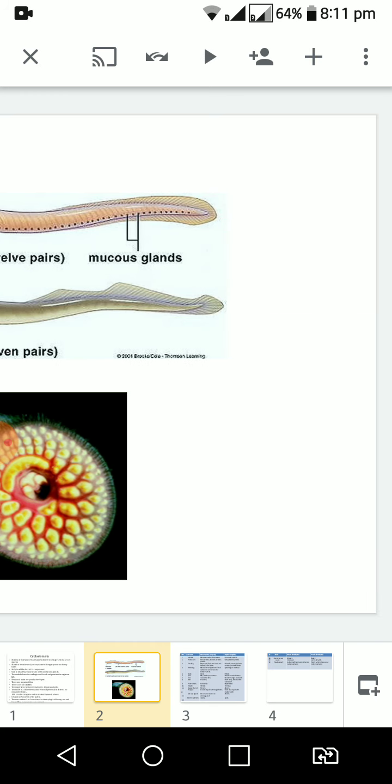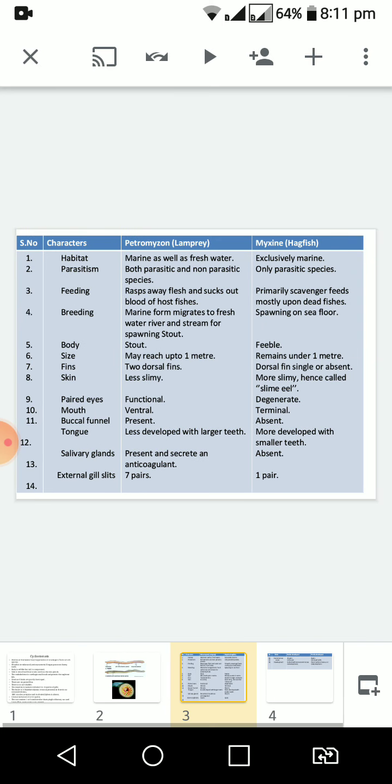So this is a very important topic in the second semester, the cyclostomata. Write about characters of cyclostomata, and write differences between petromyzon and myxin. So that is the question we may expect.